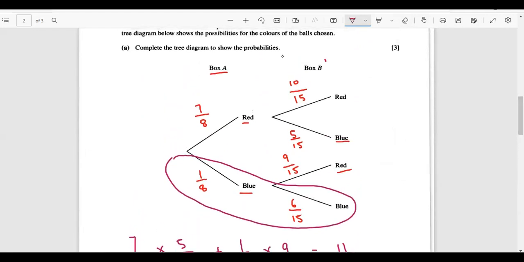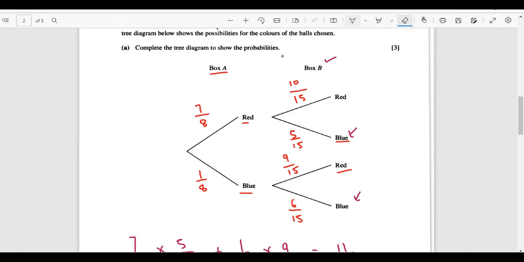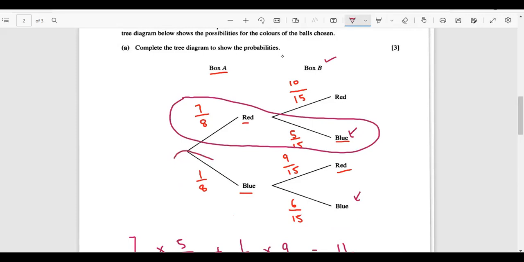This is box B, this is blue, and this is blue. So I've been telling you again and again, we need to keep in account the previous part as well. So we'll be talking about this, and we will be talking about this.